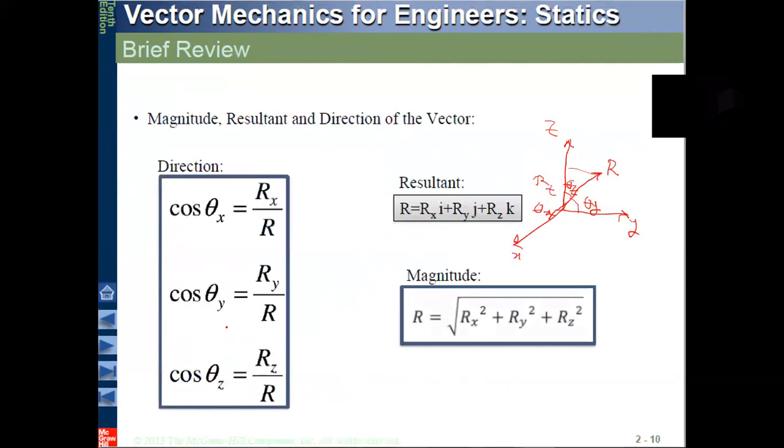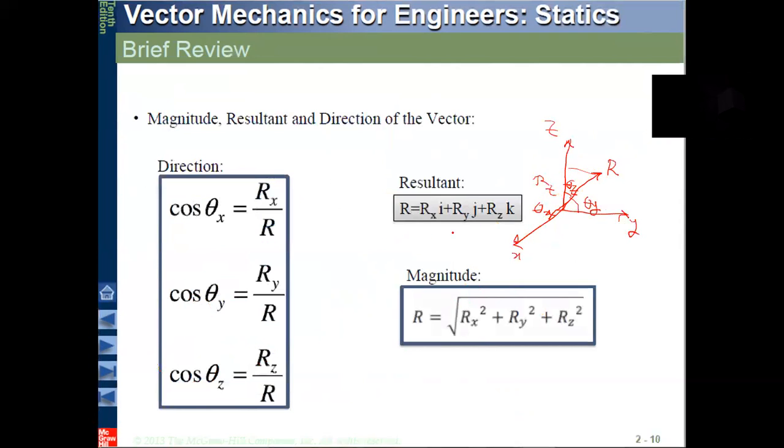Here, if you draw a set of Cartesian coordinates, you can calculate the angle between the resultant force, or any force, and each of the axes.